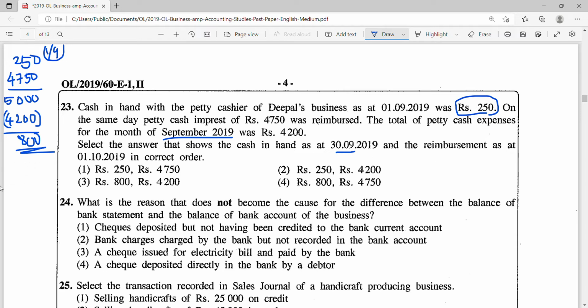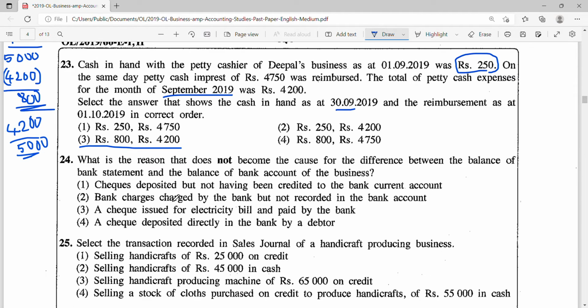So how much should you reimburse to bring it back to 5,000? So to bring it back to 5,000 on 1st of October, you need to reimburse 4,200. So the correct answer is answer 3. The first being rupees 800 and next being rupees 4,200.